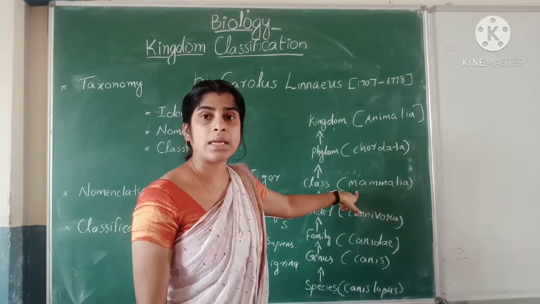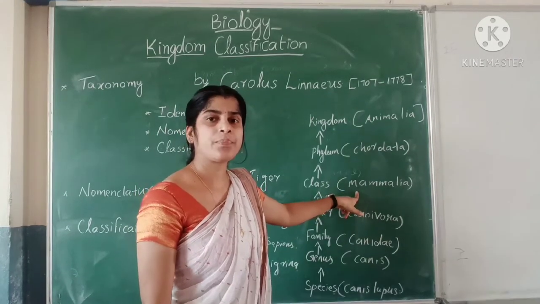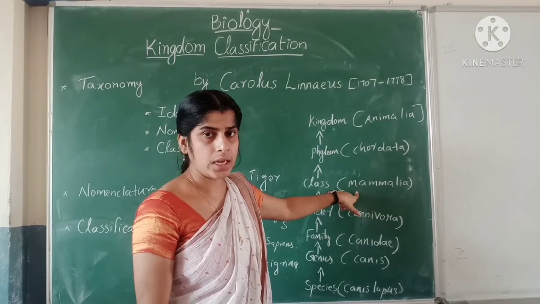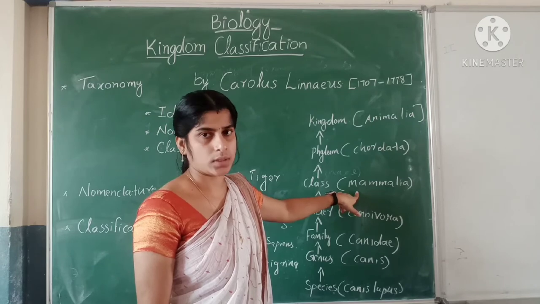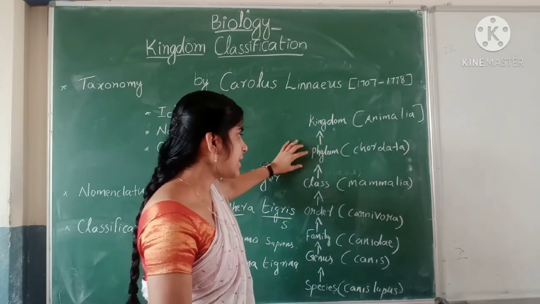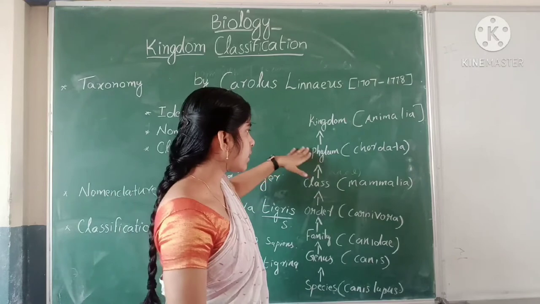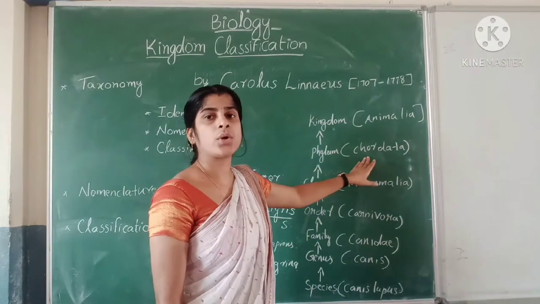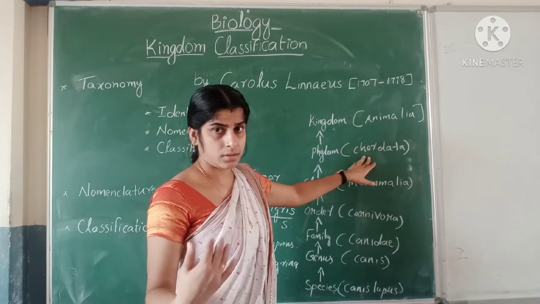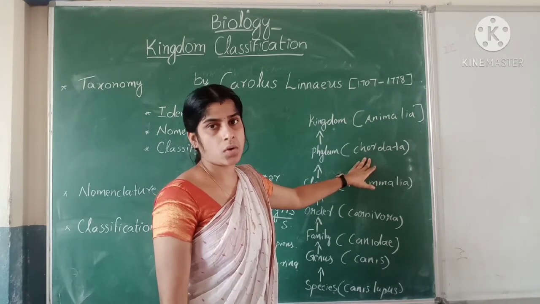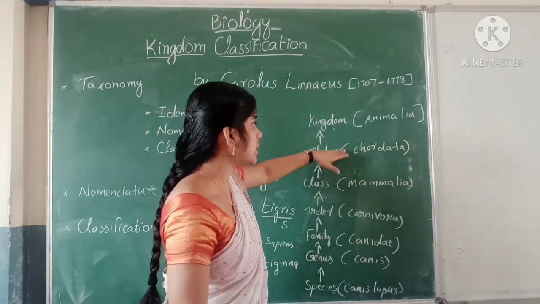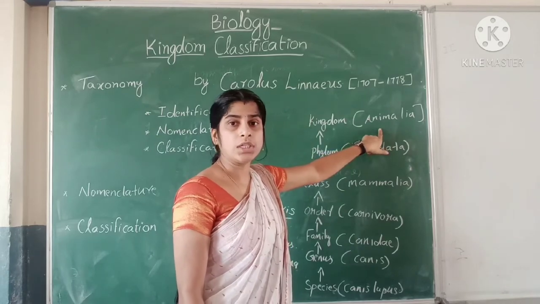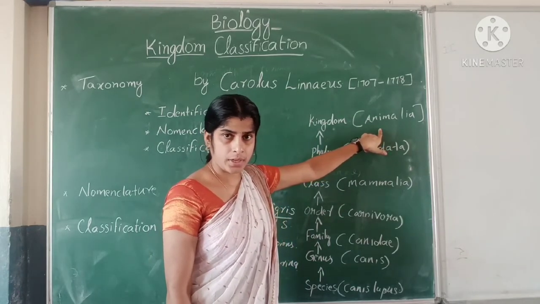Mammalia means what? Having mammary glands, animals that give birth. Next, the dog comes under the phylum Chordata. Why are they Chordata? They have a notochord, a spinal cord. And this comes under the kingdom Animalia.